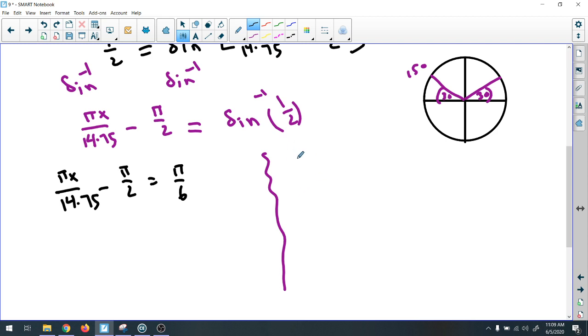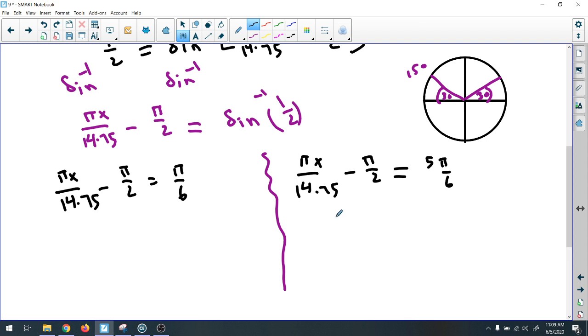And also we have pi x over 14.75 minus pi over 2 equals 150, which is 5 times 30, which is 5 pi over 6.